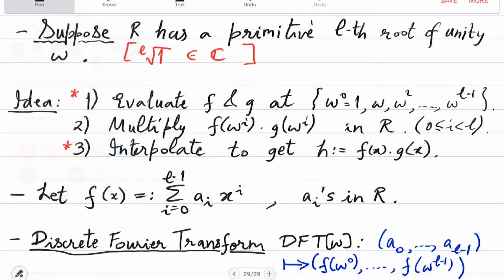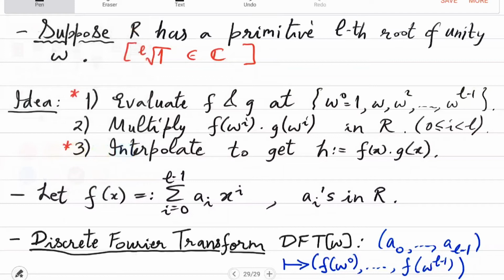Okay, so it takes these L coordinates and defines the polynomial f based on this, and then it evaluates f at powers of omega, which is also a parameter to the operator. So this operator is classically called discrete Fourier transform.